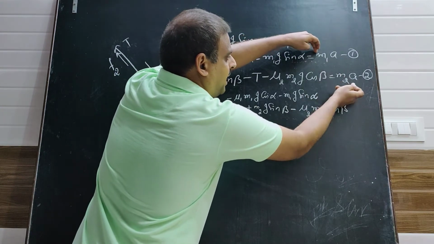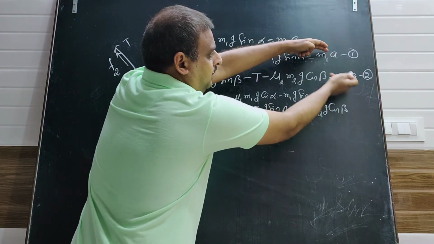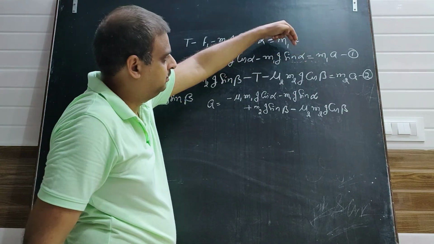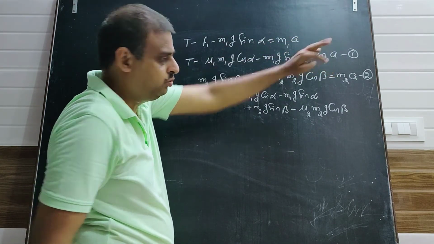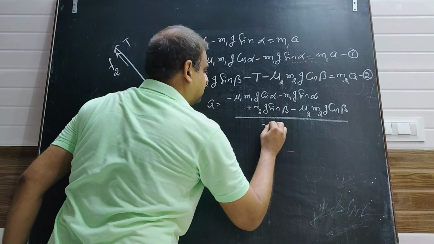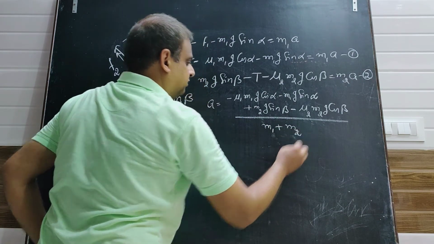And on the right hand side, take a as common, m1 plus m2, cross multiplied, you will get the value of acceleration.